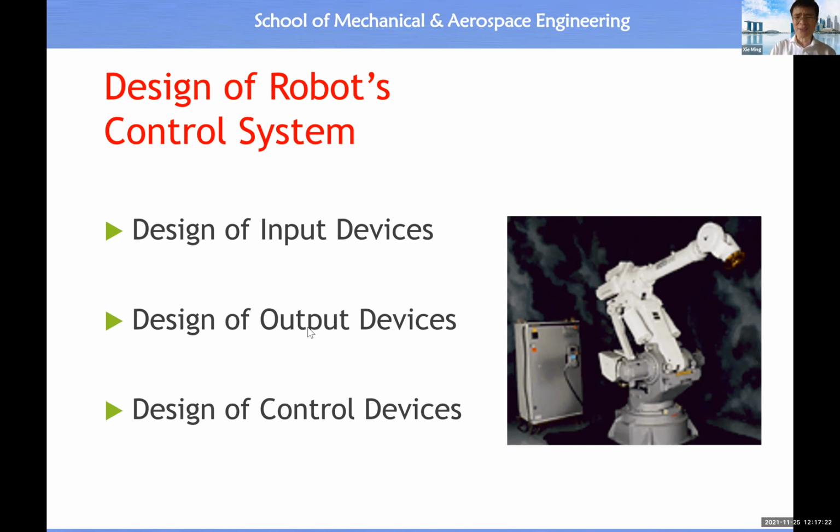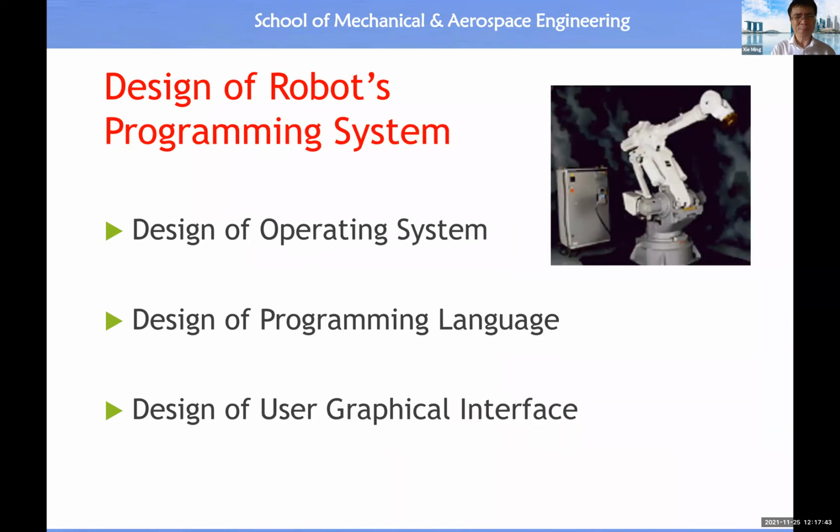Among these, the primary item should be this one. As long as you have a very good controller, a good brand for your robot, then this controller can easily interface with the sensor and other input devices, and easily interface with motor, actuator, and other output devices, such as a display.